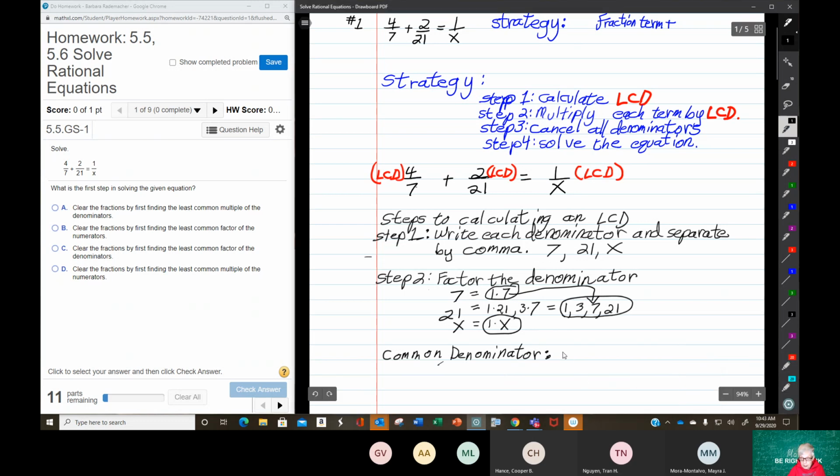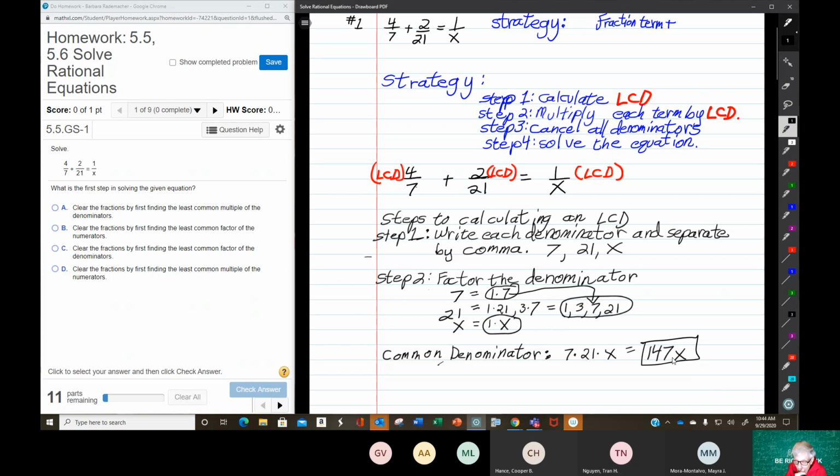I would have 7 times 21 times x, which would be 147x. That would be a common denominator. And I could multiply every term by that, but I'd end up having to cancel again.